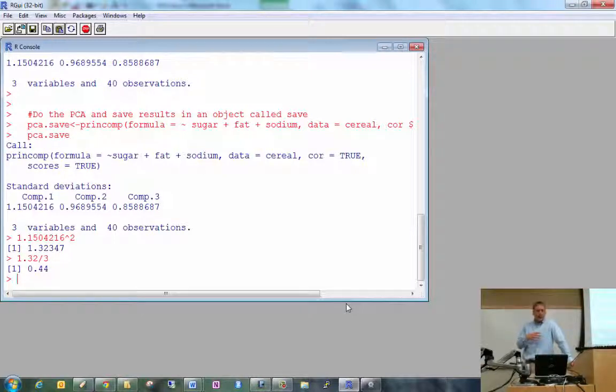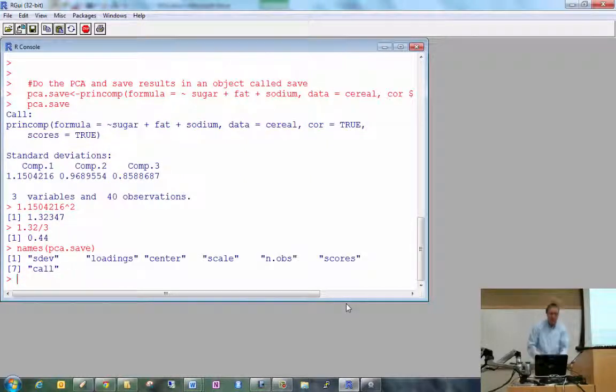And whenever you come across a new function, and you're trying to figure out what information is given to you after you run that function in R, there are a number of very common steps that you should always do. The first one is names. We've seen the names function before. Names tells me what exactly is inside this object that was returned from princomp. Well, I do pca.save, and how do I access part of that?